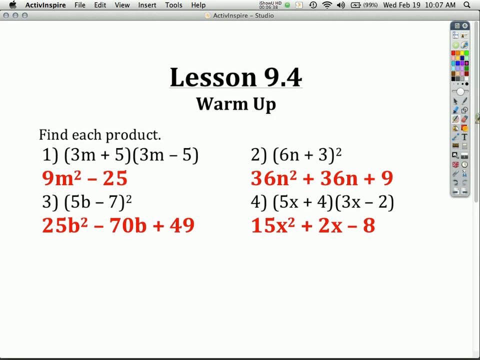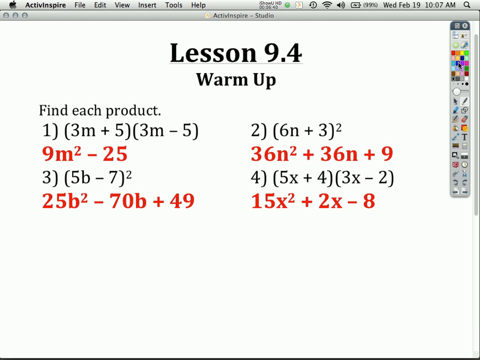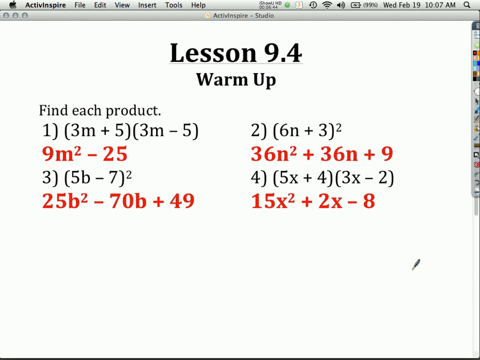So, comments, questions, concerns on any of these? Jada? Number two. What did you get? Okay. So what's happening is you're missing the middle term, because you also were missing it on number 3. Now let me ask you this. Are you using the shortcut? In other words, are you using the pattern to try and find the answer?